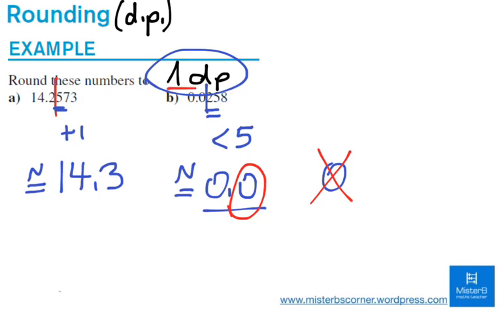This is very important when it comes to rounding decimal places. If they're asking you to round it to a certain number of decimal places, your answer must have that number of decimal places regardless of what the digits are. So the answer will be 0.0 here, because we want 1 decimal place.